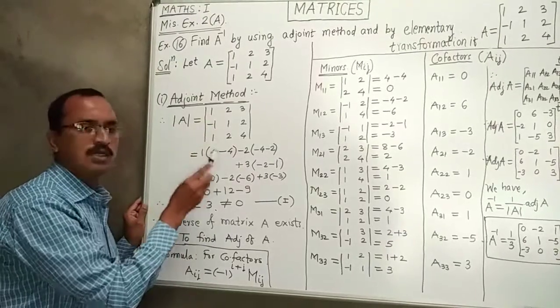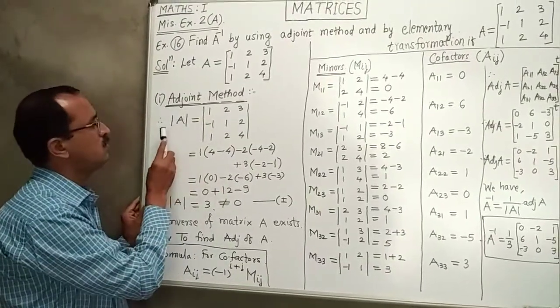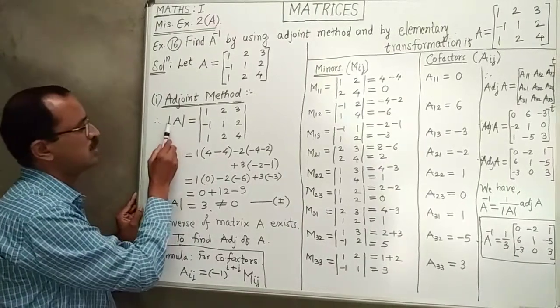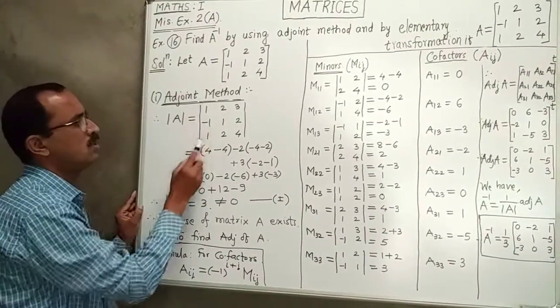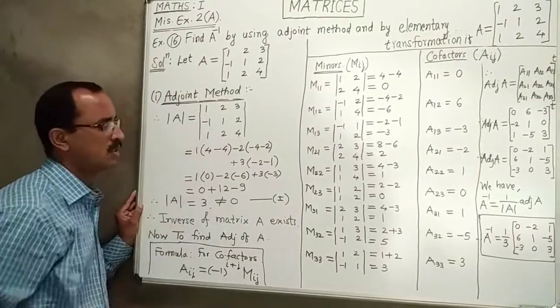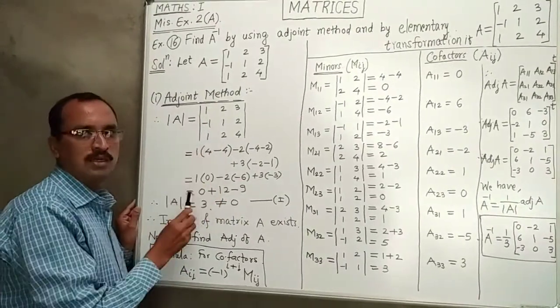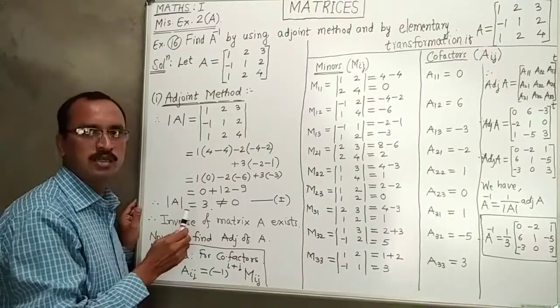To find A inverse, first of all, we find determinant of A. Means determinant of A is equal to determinant of the given matrix. Now, all of us know how to find determinant.